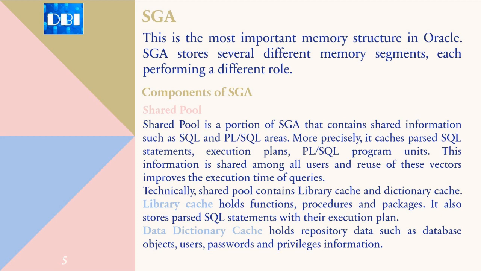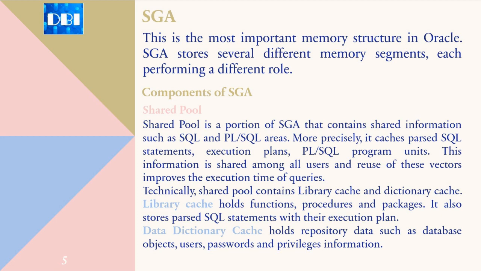The first one is shared pool. Shared pool is a portion of SGA that contains shared information such as SQL and PL/SQL areas. More precisely, it caches parsed SQL statements, execution plans, and PL/SQL program units. This information is shared among all users and reuse of these improves the execution time of queries.